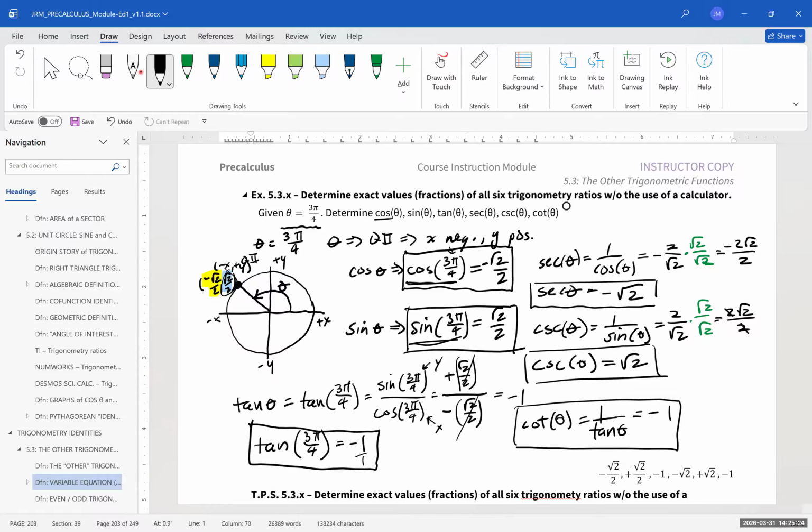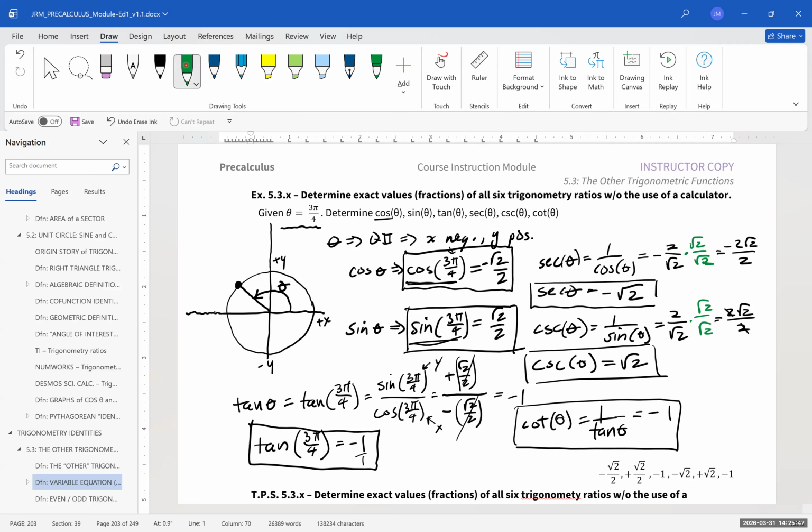Now let me do a little bit of an extra thing here. Let me erase some of this stuff. Okay. And let me extend this out a little bit more.